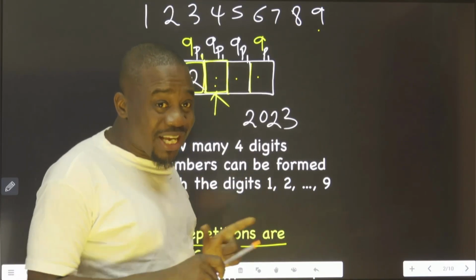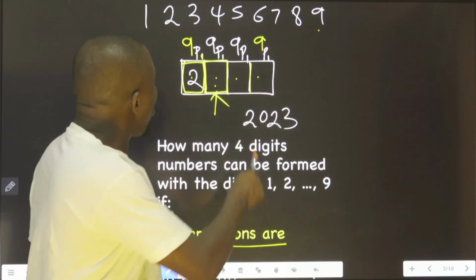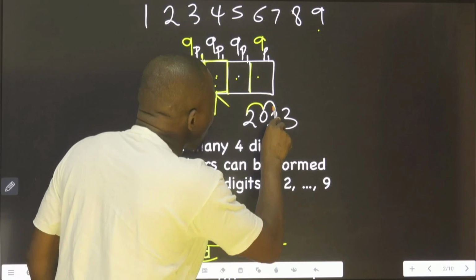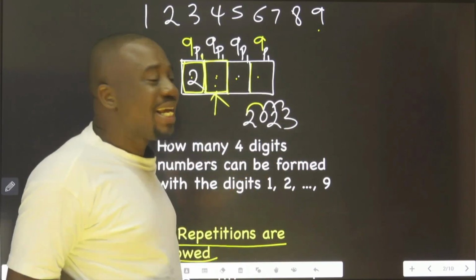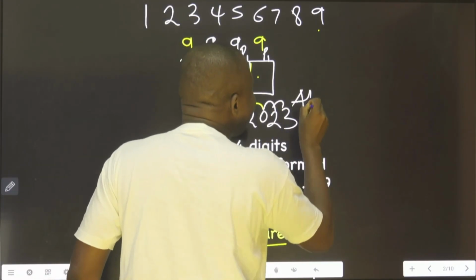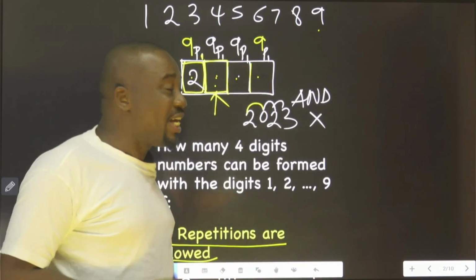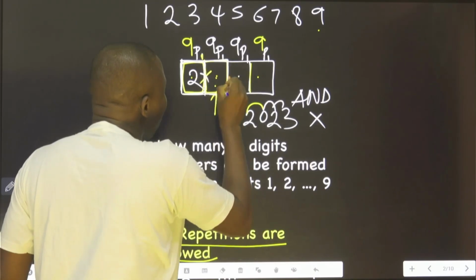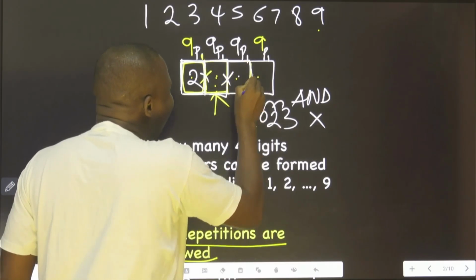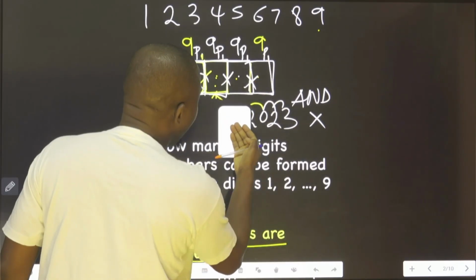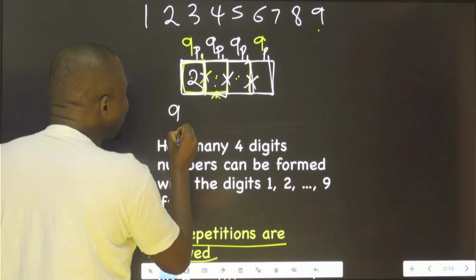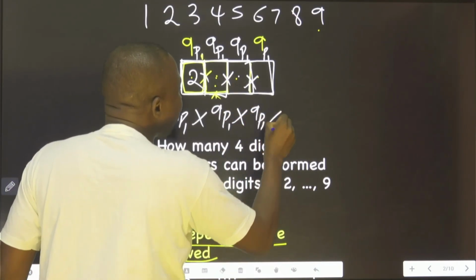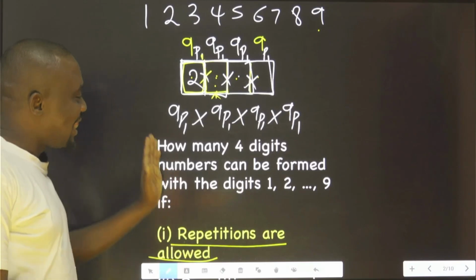You can't say or, you say and. So all these 4 digits, when you are moving to the next one, is and. In mathematics, and is multiplication. So it means 9 permutation 1 multiplied by 9 permutation 1 multiplied by 9 permutation 1 multiplied by 9 permutation 1.